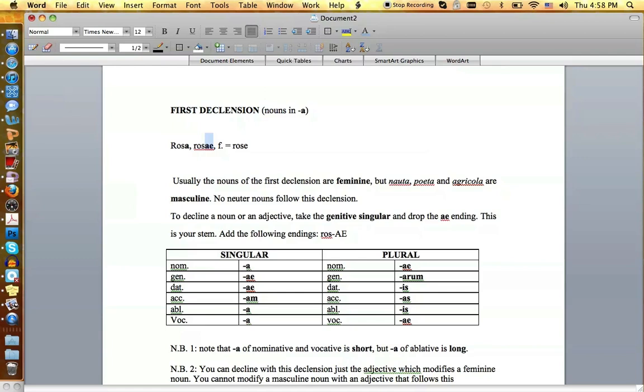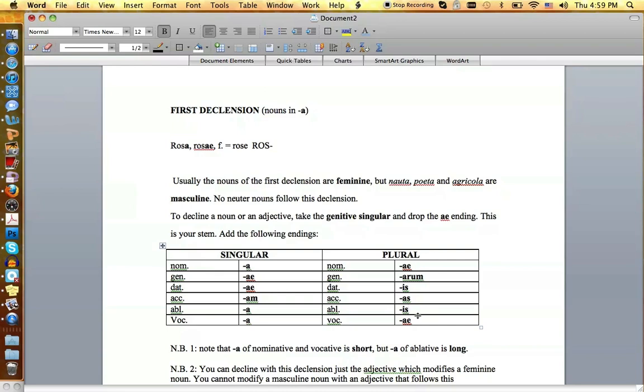You know that ae is the ending of the genitive. You cut the ae and you get ros, that is the stem of the Latin word. And then you attach to the stem the endings. So rosae, okay? Rosarum, rosis, rosas, rosis, rosae.